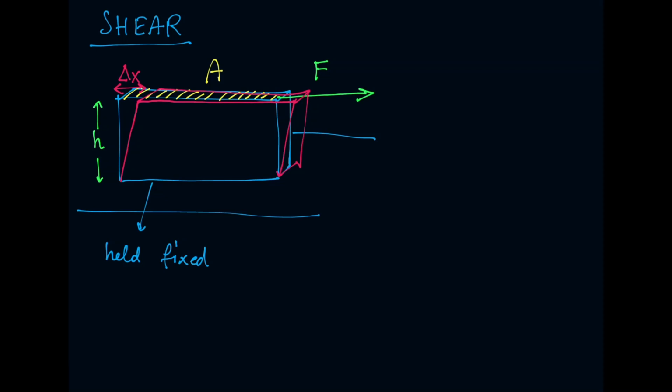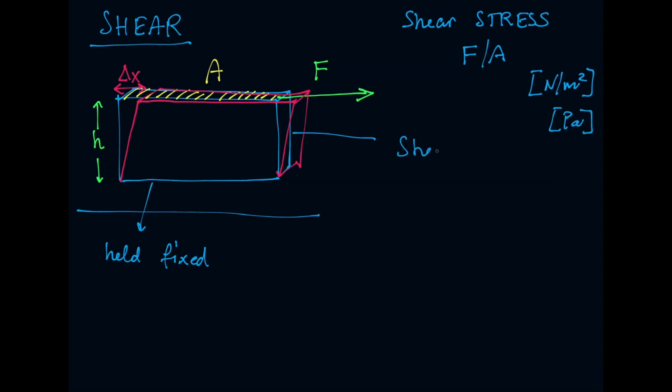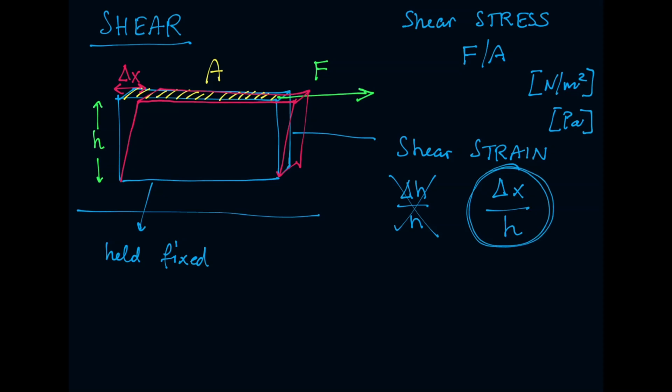The new key quantities that we define are shear stress, which again is the ratio of force and area, so the same units as before, Pascal or Newton over meter squared, and the shear strain, which is no longer delta H over H, the linear strain we talked about before, but delta X over H. So shear is basically the response of a material to transverse forces, forces perpendicular to the surface that I'm considering.